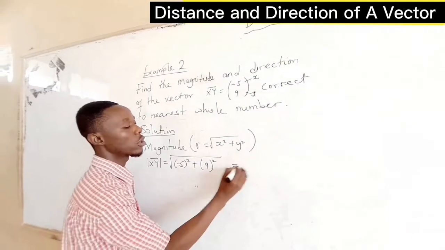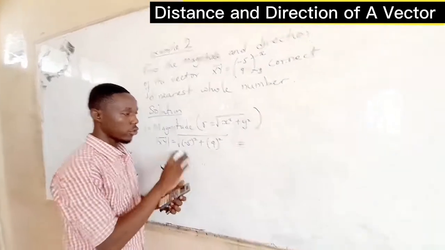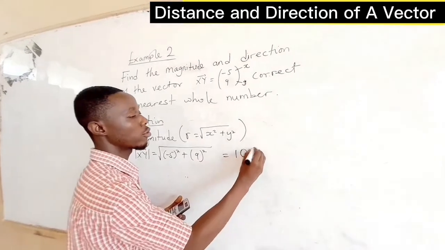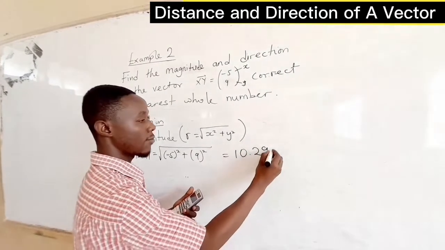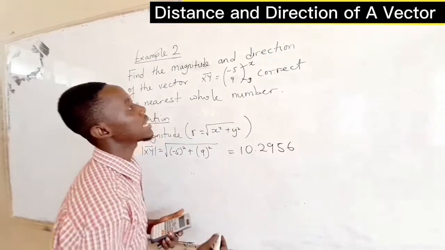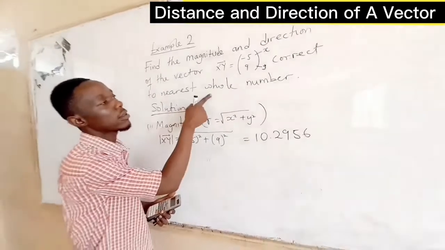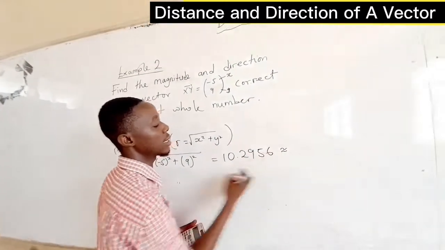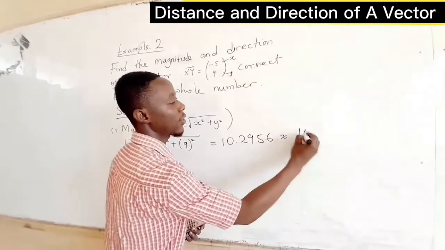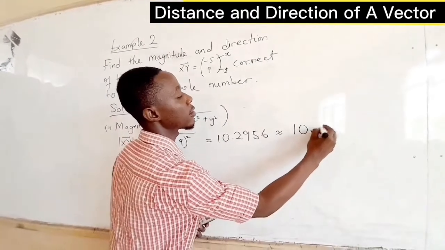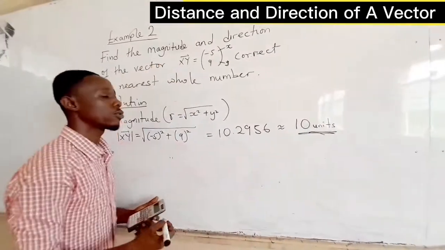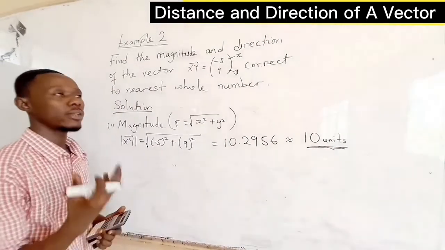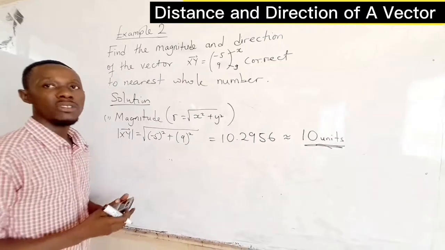So let's point. When we point this one, it will give us 10.2956. But the question is saying to the nearest whole number. So when we run this one to the nearest whole number, it will give us 10. Then we add units to it. This is the magnitude or the distance of the length of xy.